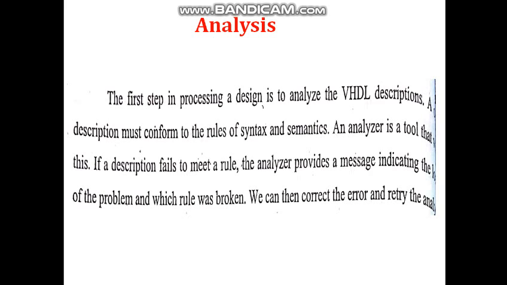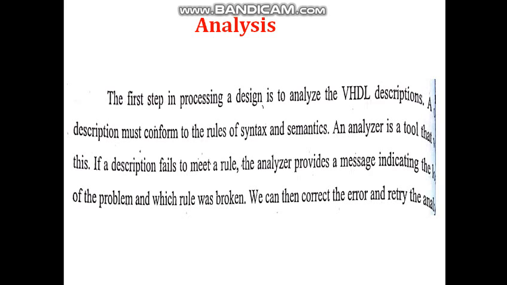Now we see that there are dependency relations between the library units in a complete description that enforce an order of analysis of the design units. So we divide the design units into primary units, which include the entity declaration, and secondary units, which include the architecture body.